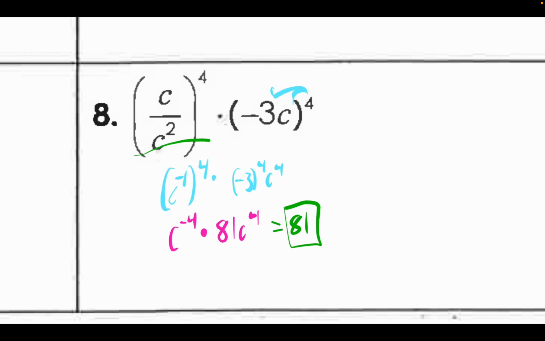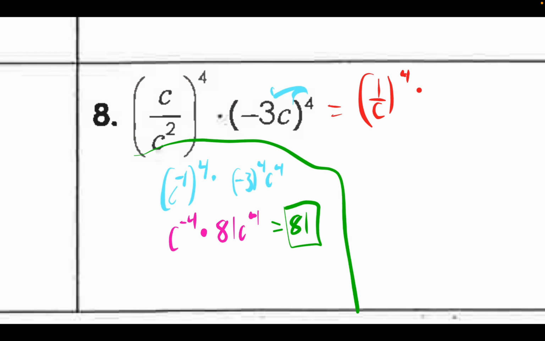Now, the other way we could have approached this off the get-go is that if we had called this 1 over c and raised that to the 4th, and then we still dealt with the right hand part of this, the negative 3c quantity raised to the fourth, in the exact same manner.